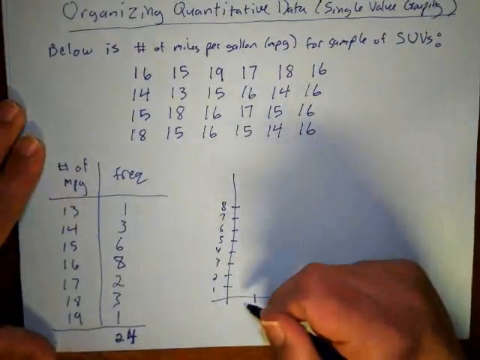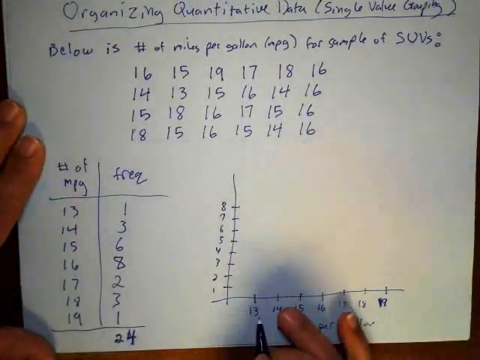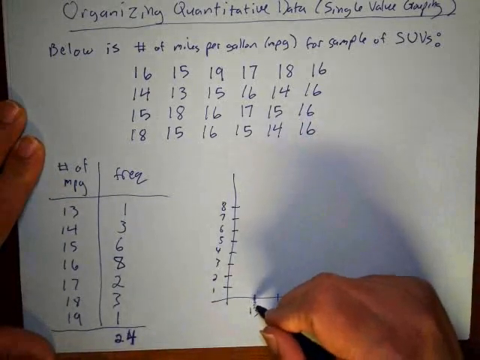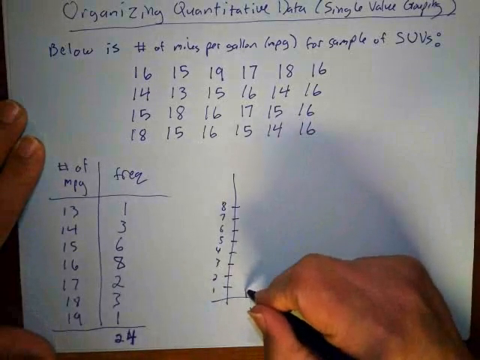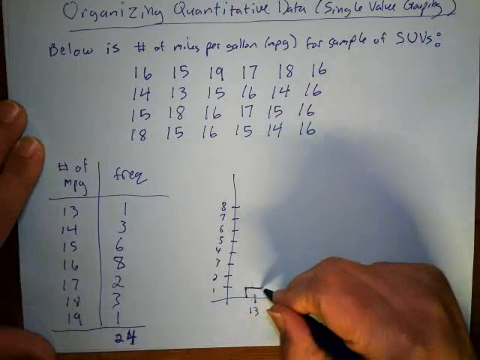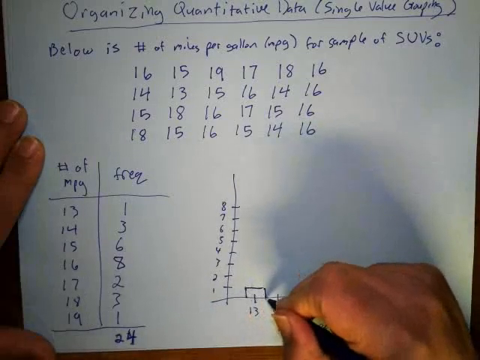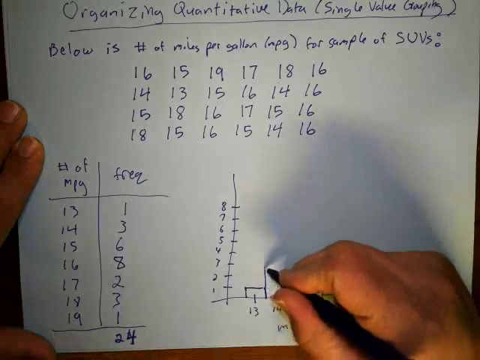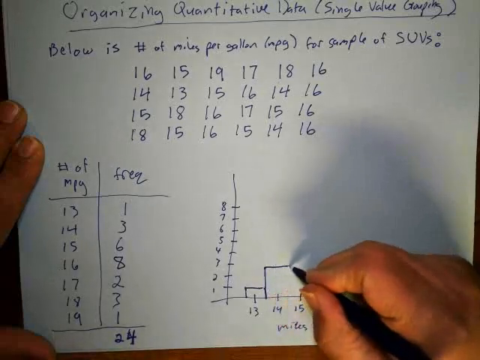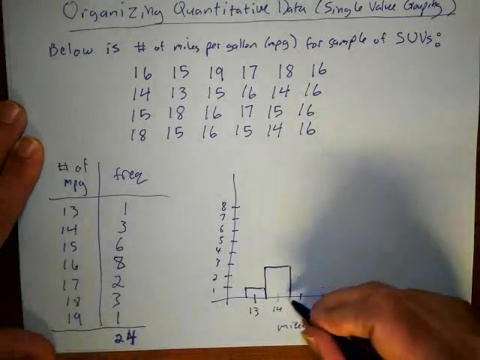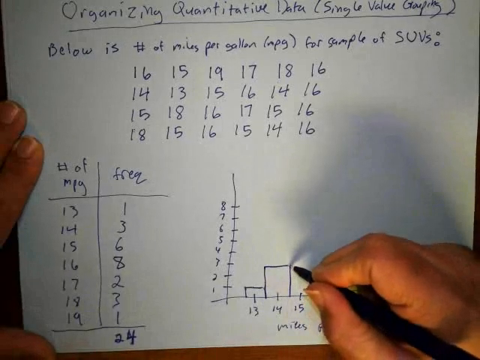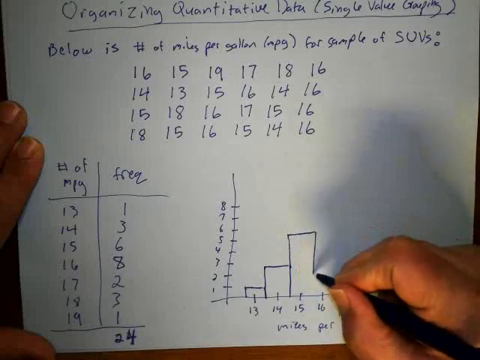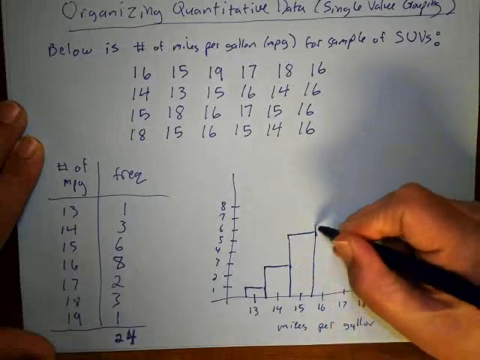And now I'm going to put a bar above each number, just like the qualitative data. This number is going to go in the center of the bar, but this bar is going to come down halfway between, because the next bar is going to share that boundary. In other words, these bars are going to be touching one another. So 15 goes up to 6. 16 goes up to 8.